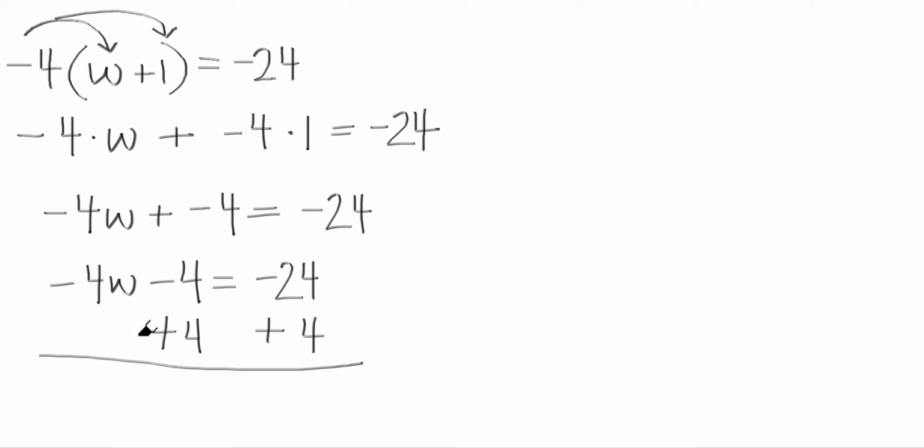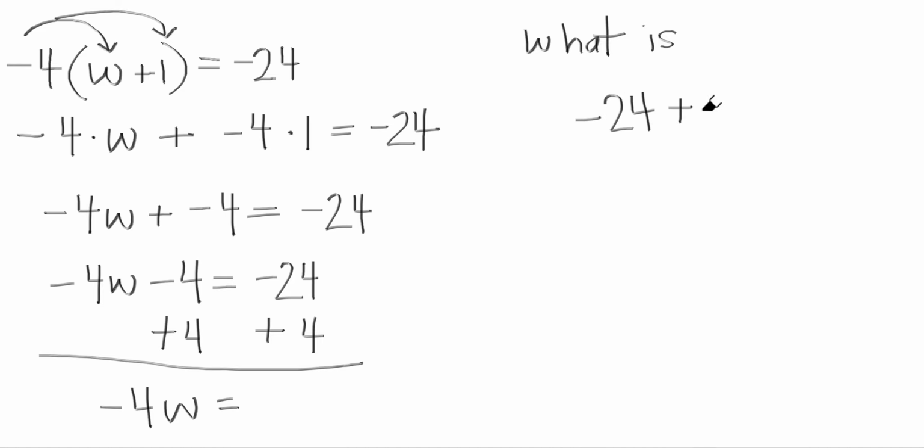So all we have on the left side of the equation is this -4W. And on the right side of the equation, we got to think, what is -24 plus 4?